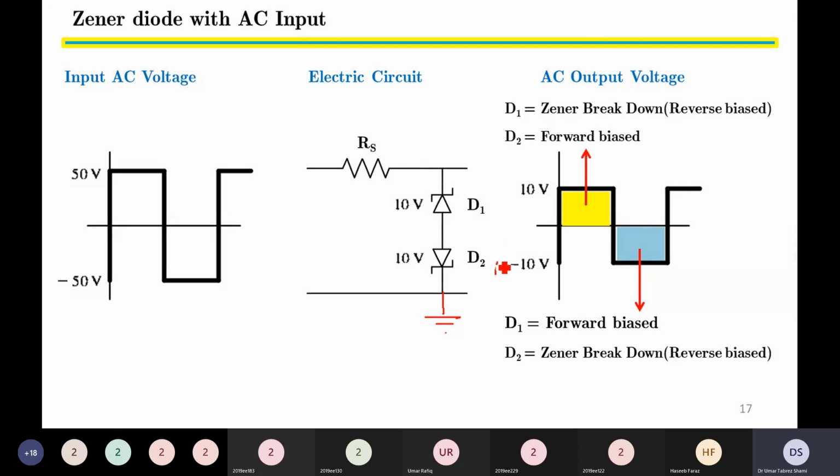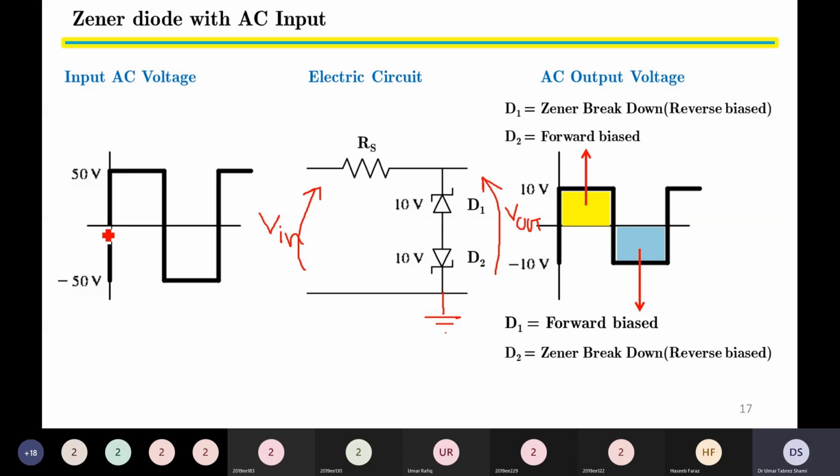And we are taking our output voltage across D1 and D2. This is our V out. We are giving input voltage between resistance Rs and the ground. This is the input voltage.